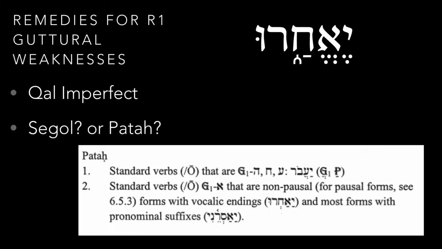But if you look at the example he gives you in number 2, it's going to be R1 alephs, gutturals, that are non-pausal. This one is pause, so we get the segols instead of the patach. So again, it's kind of an odd thing to remember, but you probably won't see many of these. But again, we're describing what happens. This would be the case there.